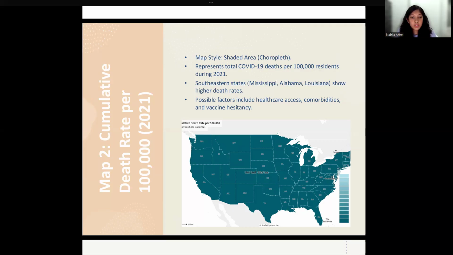Contributing factors may include limited access to healthcare, higher rates of pre-existing conditions, and lower vaccination rates. This map highlights how social and health inequalities translated into different mortality outcomes.